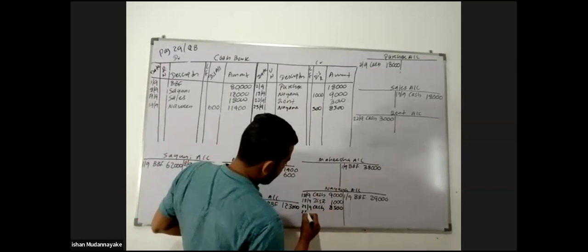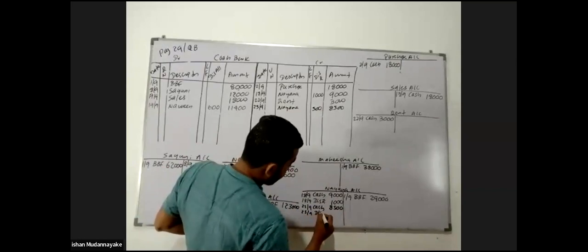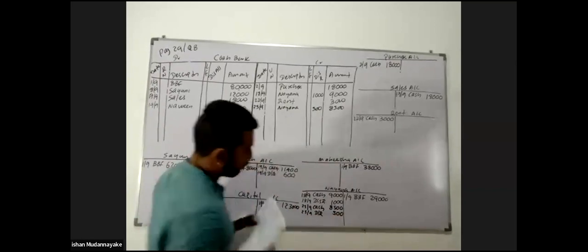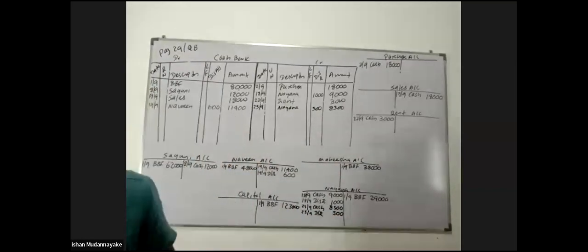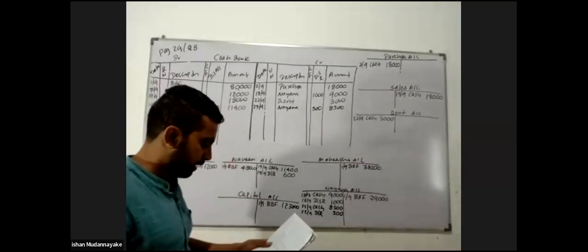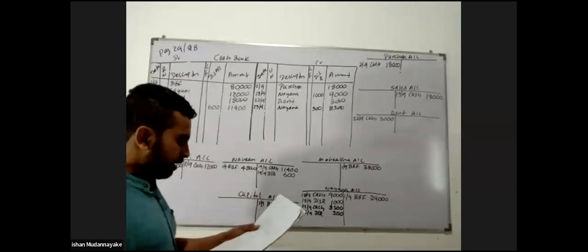And then 25th September, discount received 500. Discount received from Nine 500. Right. Pahasara, can you see the board? Yes, sir. Right. Next one.